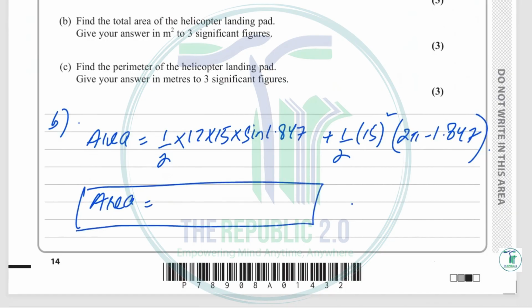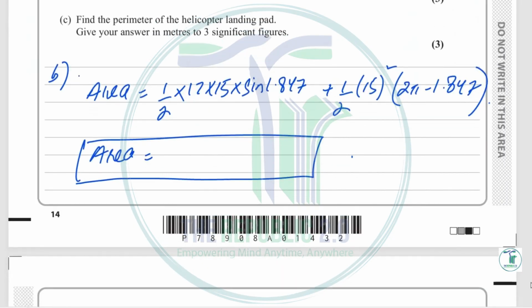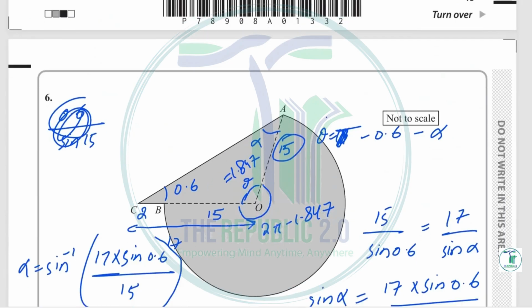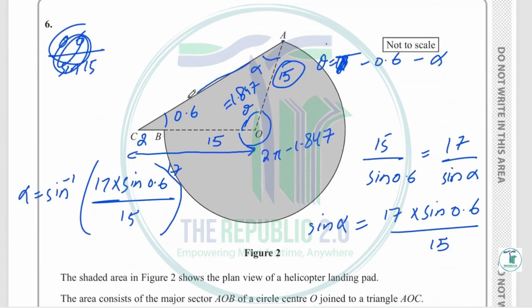Now, if you're looking into the C part, find the perimeter of the helicopter landing pad. We need to find the perimeter. And how can we find the perimeter? We need to have this side, and we need to have the arc length of this circle, and this side is already given, that is 2. So how could you easily get that? You've got AC, right?